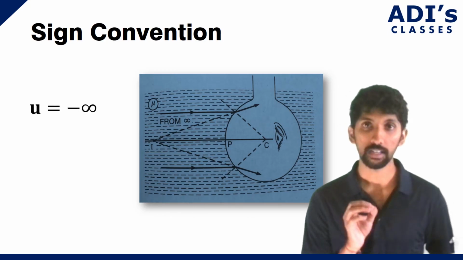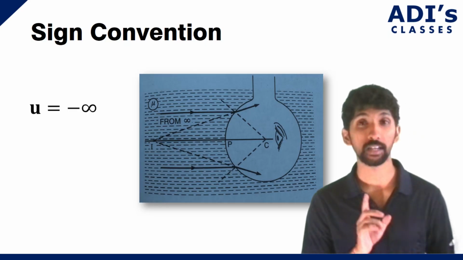Here the radius of curvature has to be taken positive, because if you look at the figure, at the center of curvature and the pole, the r value becomes positive, correct? Because we are going in the direction of light, since we have to take PC. PC is r, which is in the direction of light, so it is positive, correct?